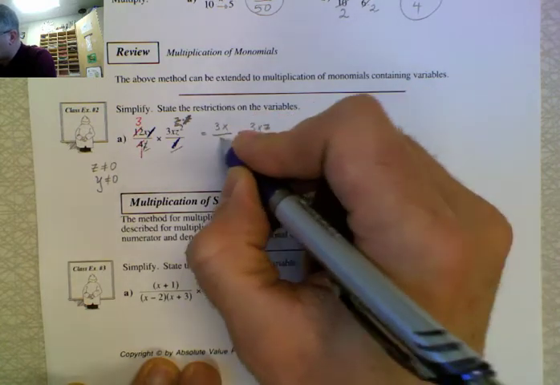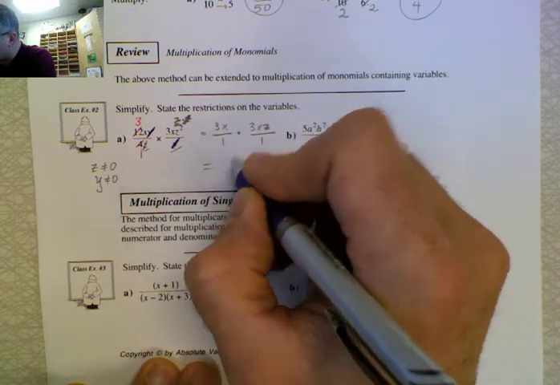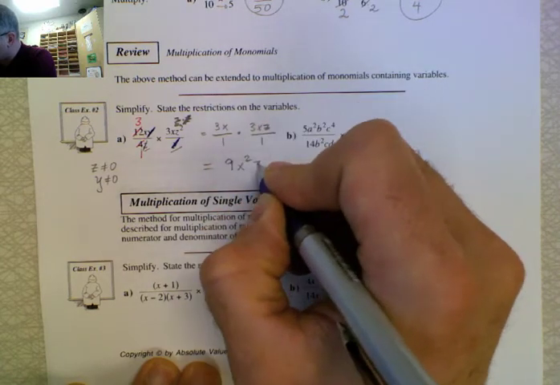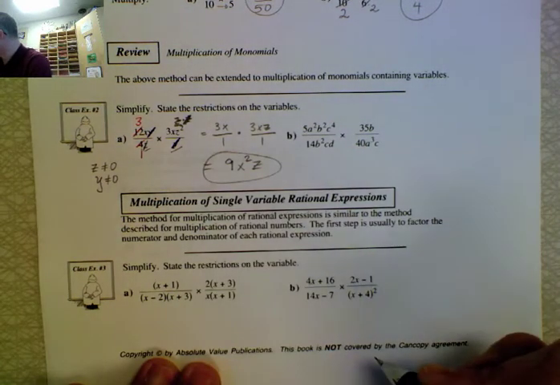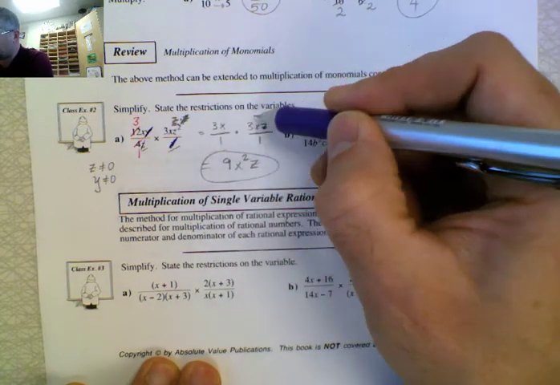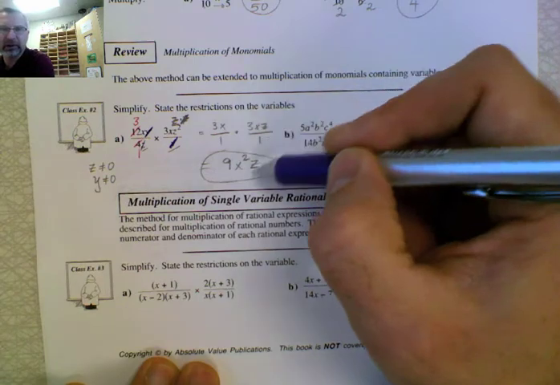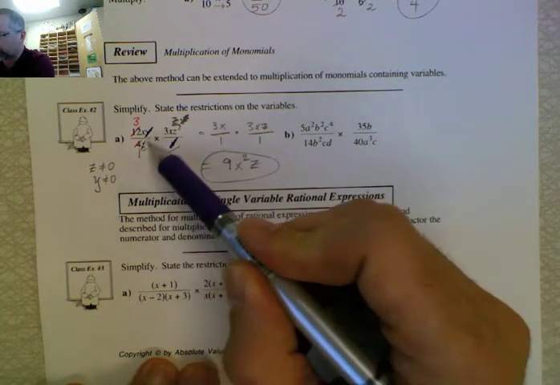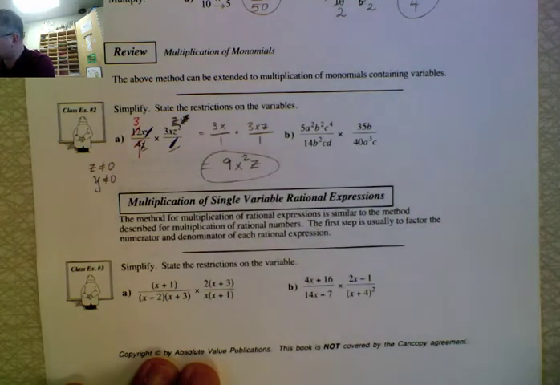So if I now multiply this out, well, 3 times 3 is 9. x times x is x squared, and I also have a z, so there is my final solution. Sometimes it helps to write out what you have in your two fractions before you go ahead and multiply them out. Hopefully the use of color is helping illustrate what I canceled out with what.